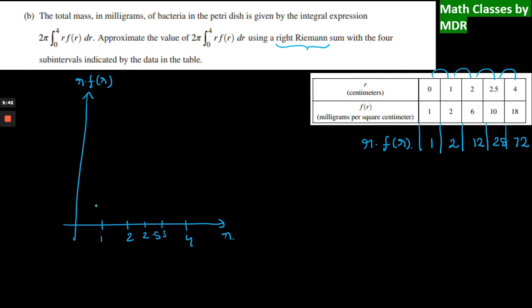At 1 it is 2, and at 2 it is 12, and at 2.5 it is 25, and let us take 72 for the last one.